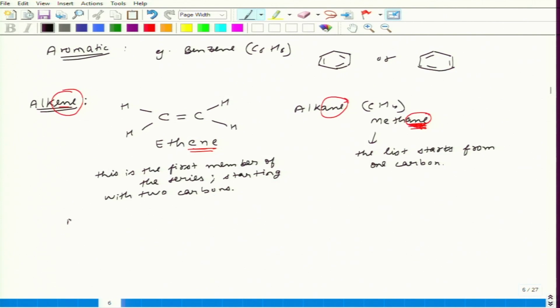Because an alkene requires a C double bond C. So the minimum carbon chain is of 2. Here it can be formed through one carbon, but here at least 2 carbons are needed to form an alkene moiety.